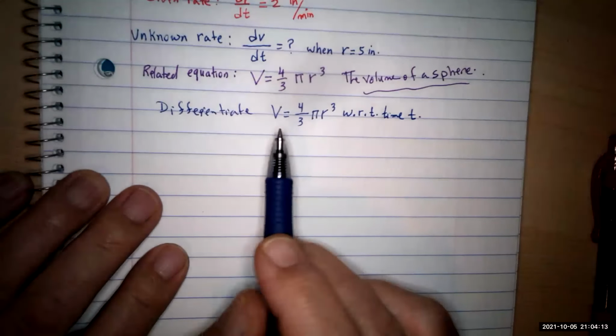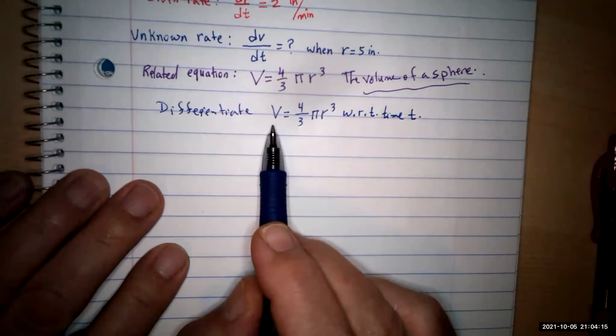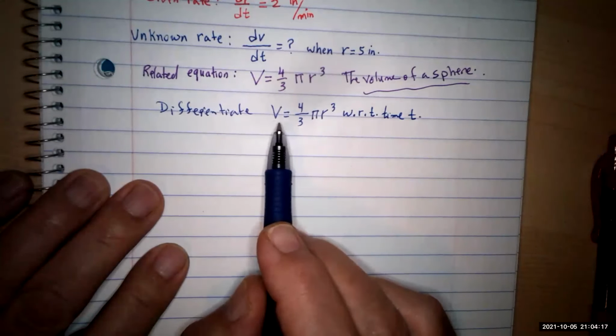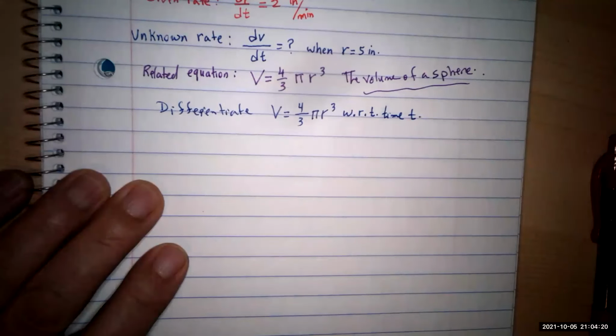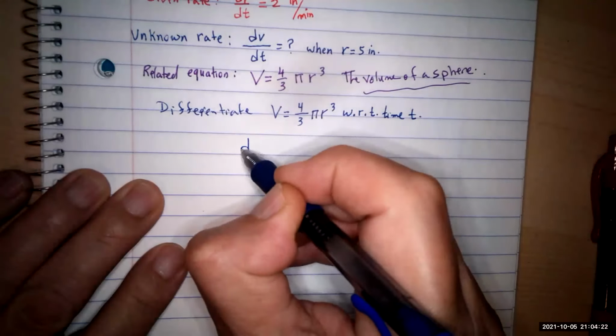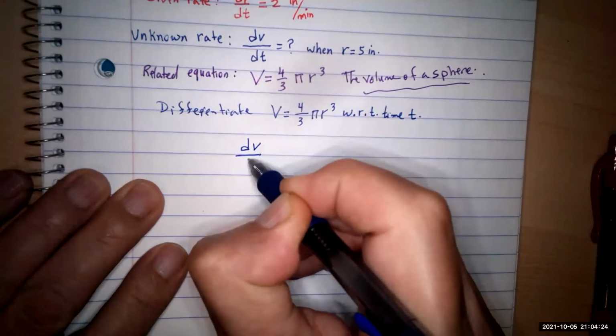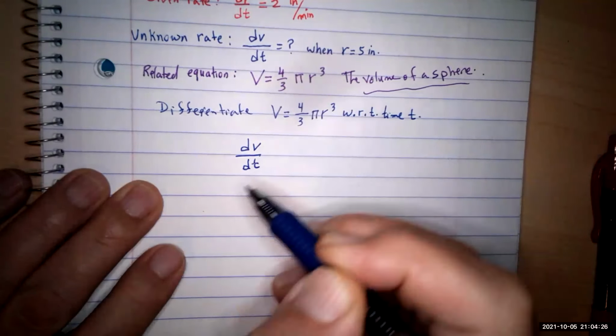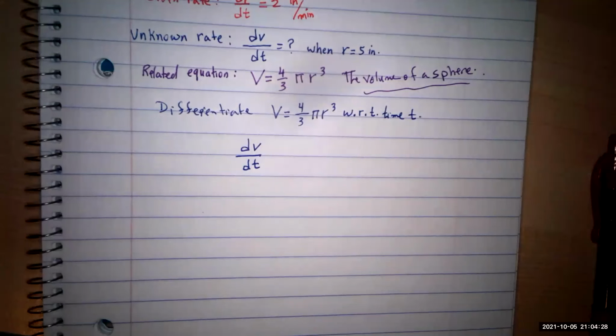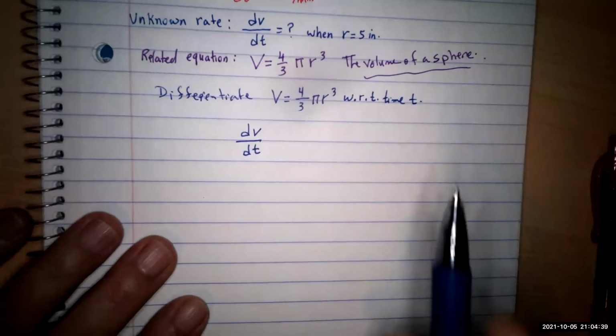Now we're going to differentiate. The derivative of V with respect to t, as I told you, is not V prime, it's dV/dt. Whatever it is, the rate of y is dy/dt, speed or velocity. The rate of V would be dV/dt. On the other side, you just apply the power rule.